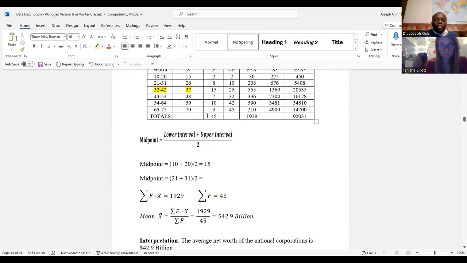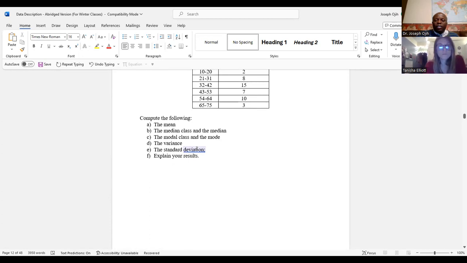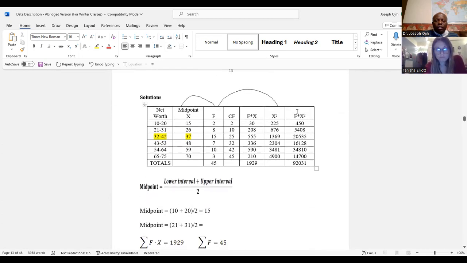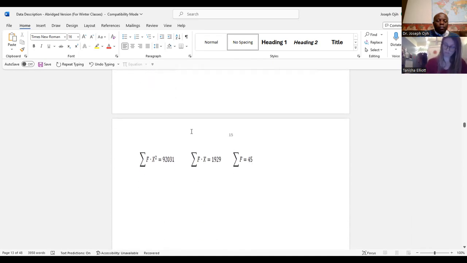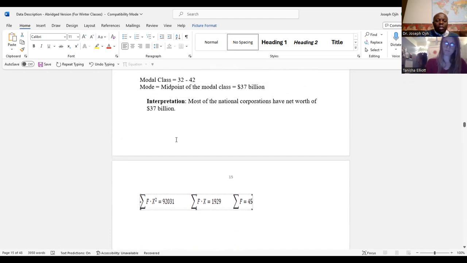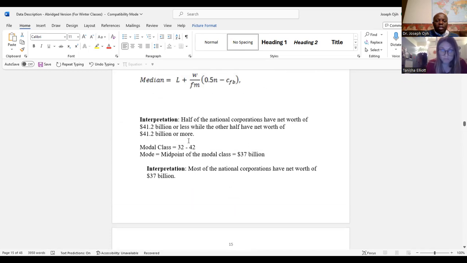Now, let's answer the rest of the questions. We want to find the variance and the standard deviation. To do that, we're going to need these two columns. You need this and this, and of course, the frequency. So the formula to find the standard deviation, we need to get the sum of f times x. The total is right here.